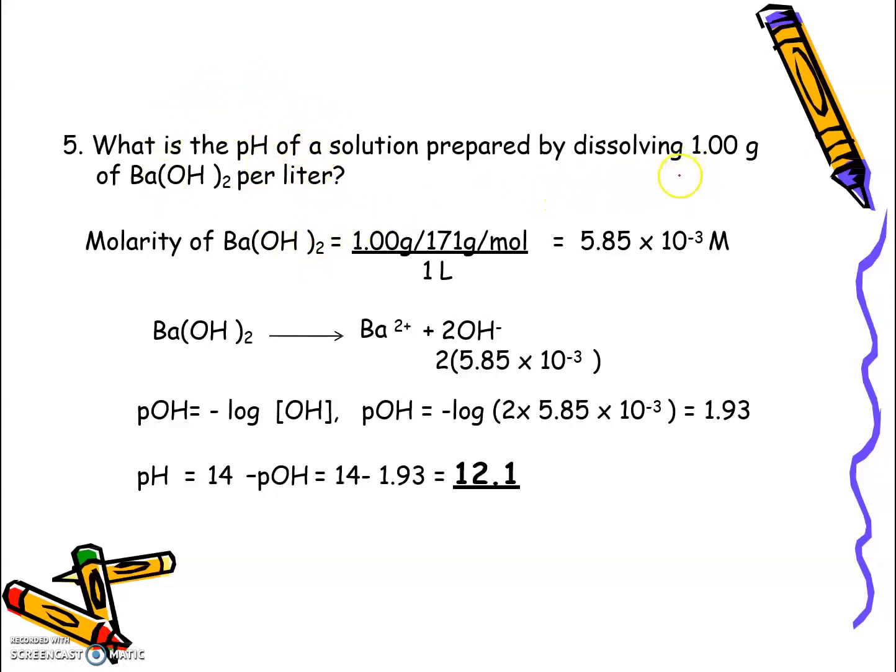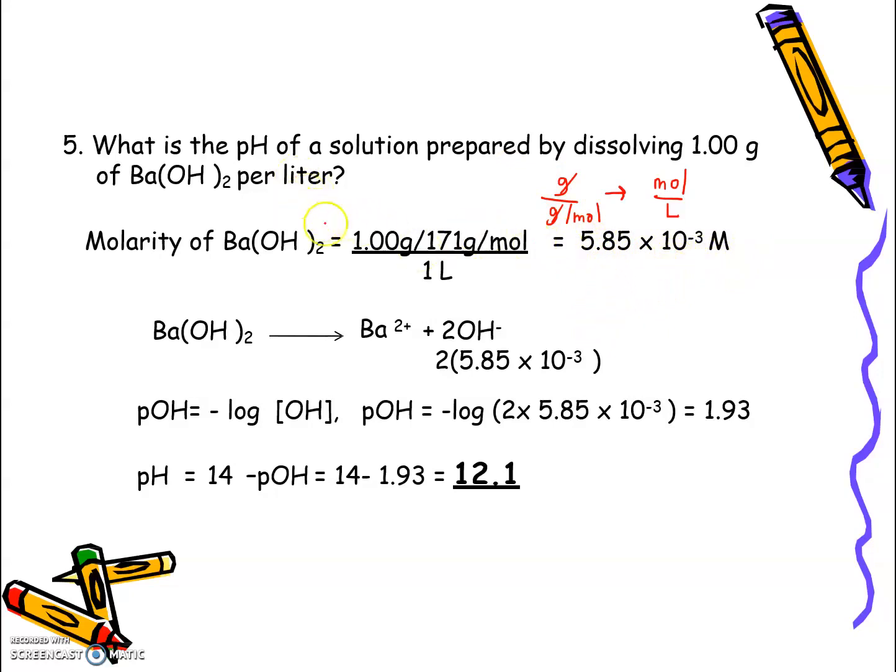To find the molarity of barium hydroxide, from the gram given, find the number of moles first, gram over gram per mole. So you will get moles and then find moles per liter. So 5.85 times 10 to the power of -3 molar is the molarity of barium hydroxide.